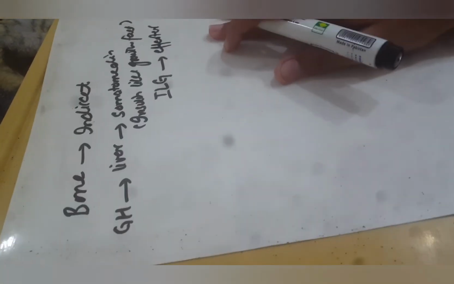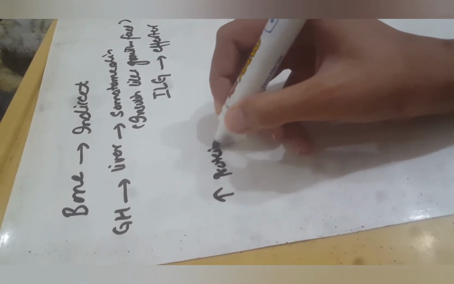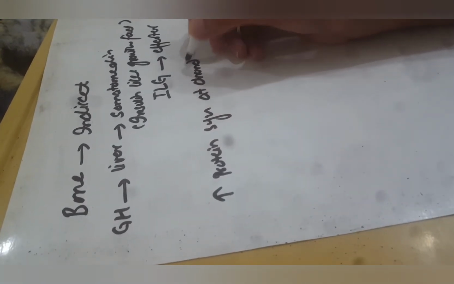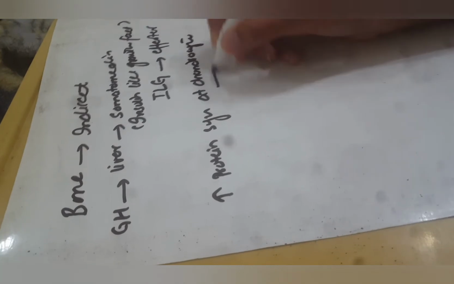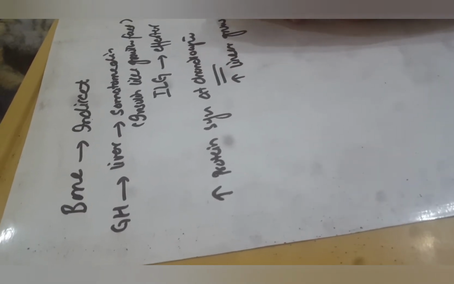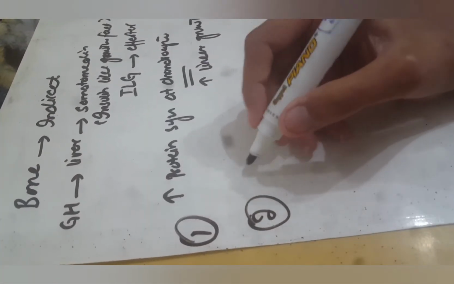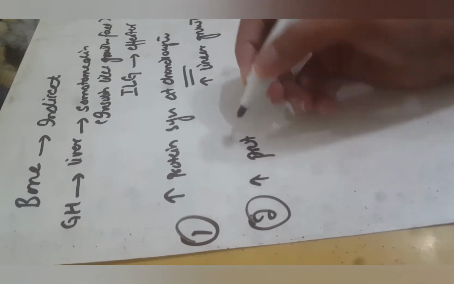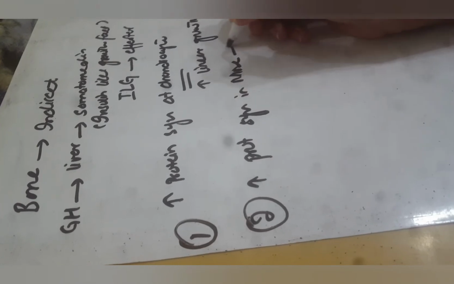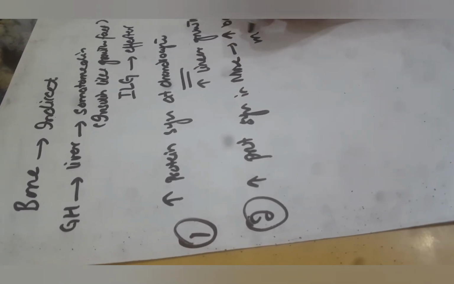Now, what is the action of growth hormone on bones? First, it increases protein synthesis at the chondrocytes, which leads to increased linear growth. Second, it increases protein synthesis in muscles and increases body mass.